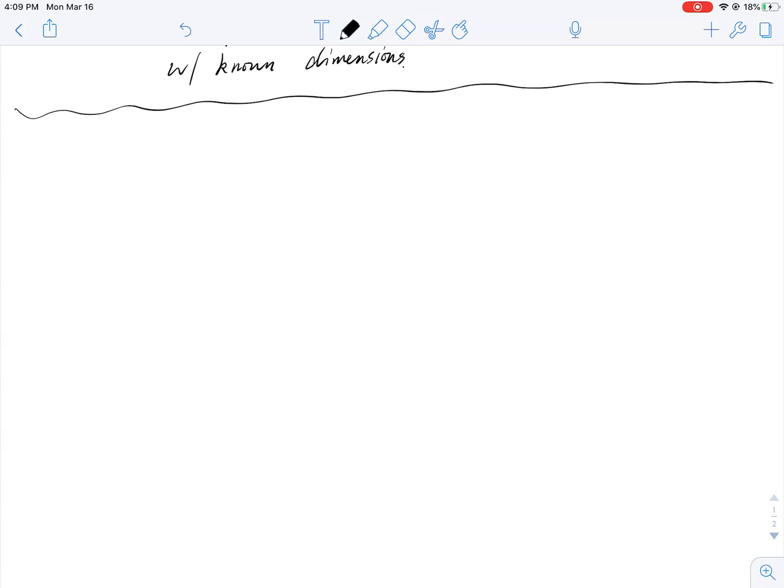I have a T-beam analysis example to show you here.